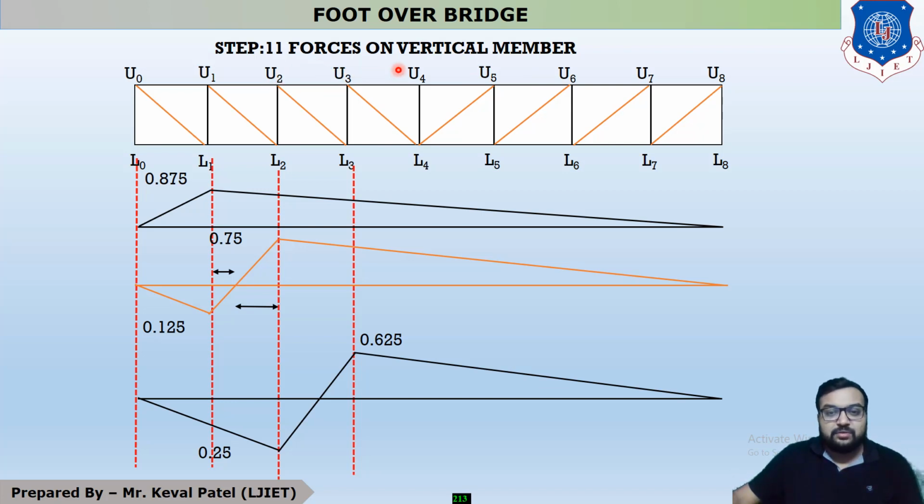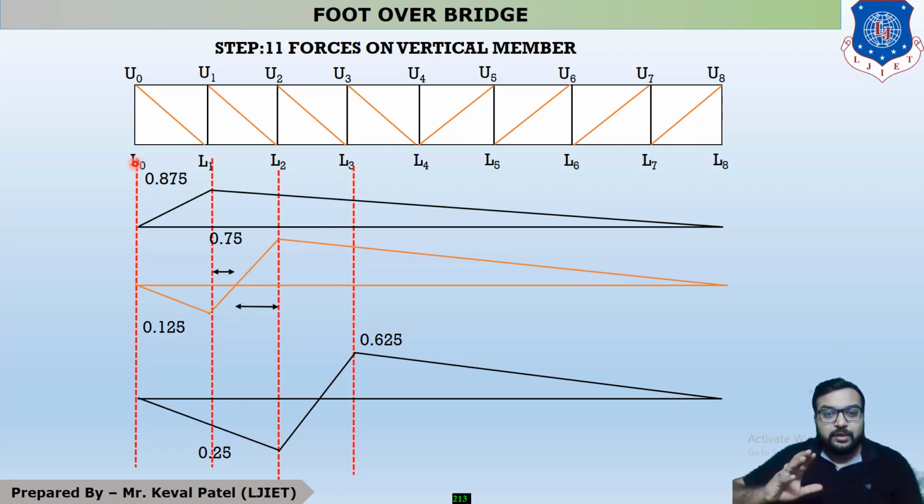Your vertical members are U0L0, U1L1, U2L2, U3L3 up to U8L8. Now your first member is U0L0.